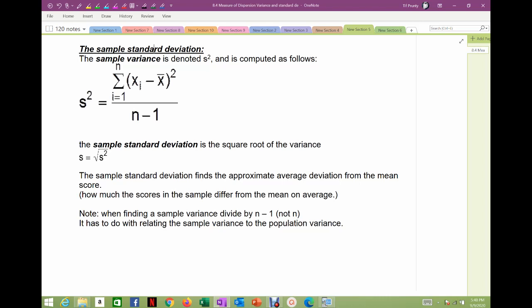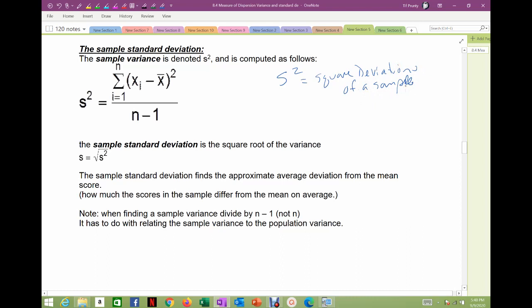All right, so sample standard deviation. Again, when we do samples, we use the English letters. When we do population, it's the Greek letters. And so for sample variance, we use a capital S squared. Capital S squared means the squared deviations of a sample.